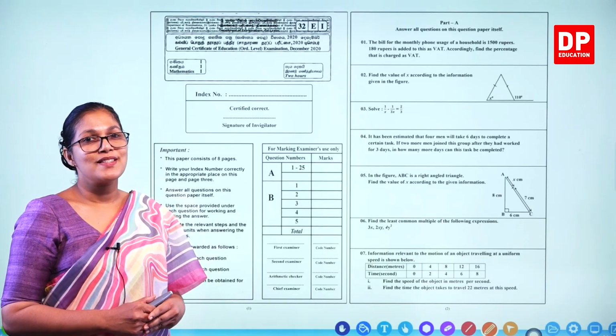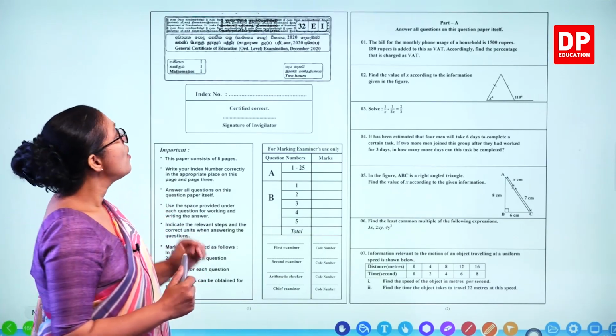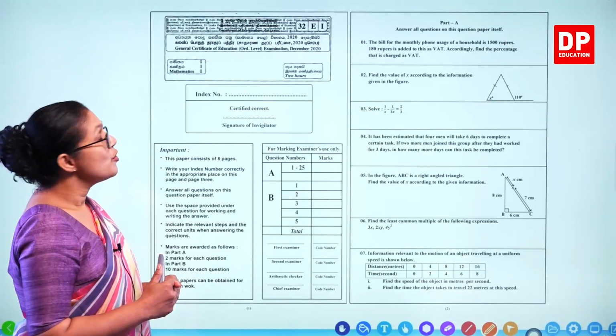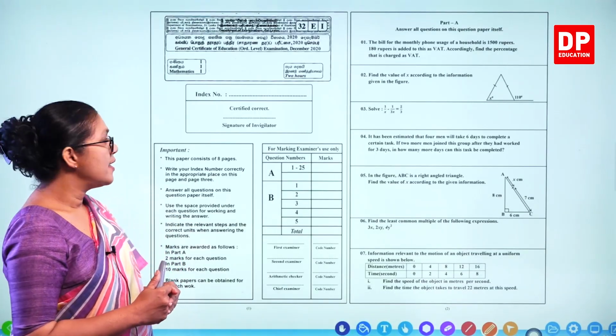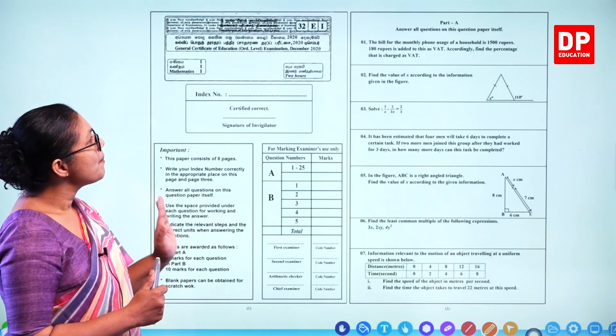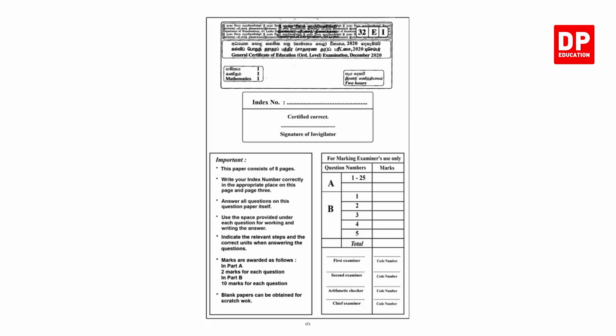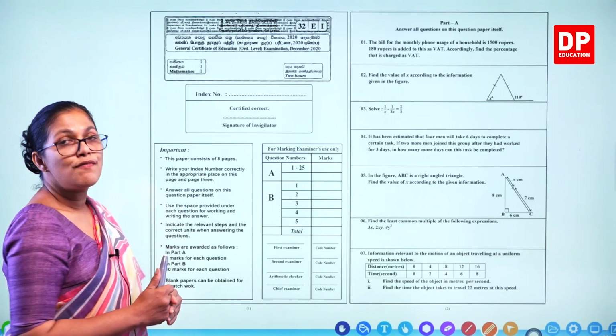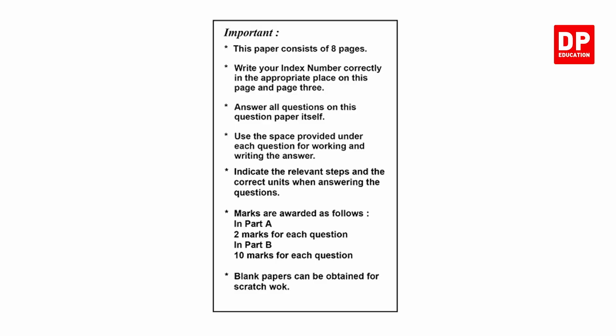Hello O-level students. Now I'm going to do the O-level 2020 exam paper held in March 2021, paper 1. You get 2 hours for this paper. There are 2 parts, part A and part B. In part A, you get 25 short questions and each question is worth 2 marks.